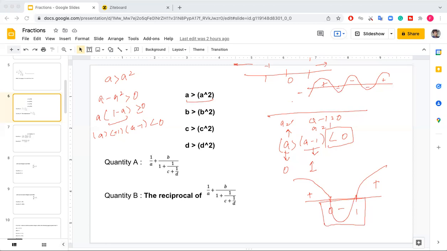There is a limitation in this form, which I don't want to discuss right now. Let's suppose we have A into A minus 1 square less than 0. Whenever we have even powers, in that scenario there will be some variation in this, but we will discuss that while discussing inequalities.